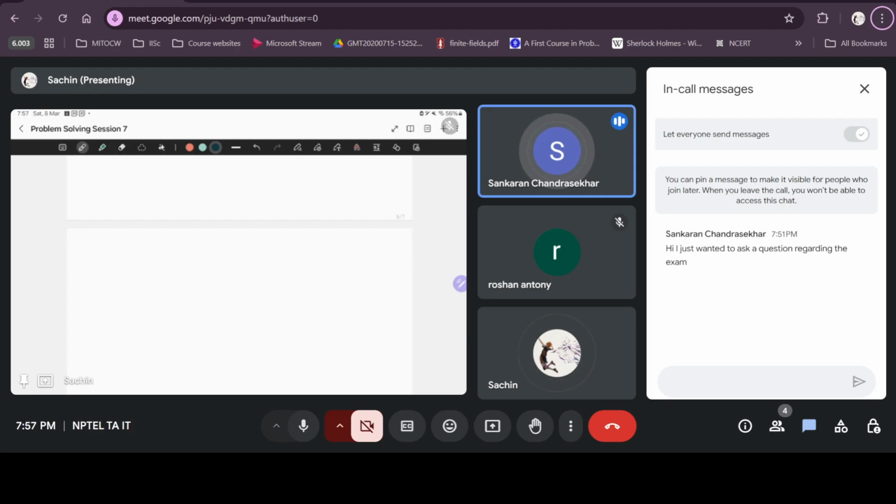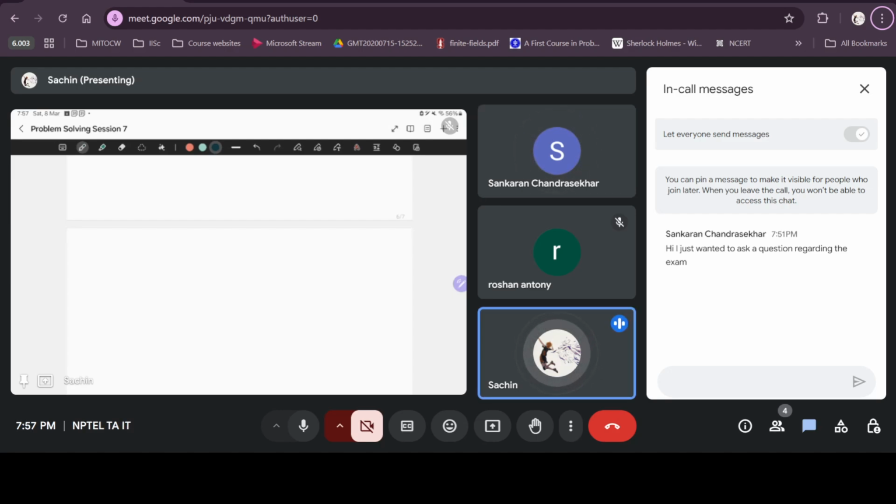No, they will set it so that you should be able to solve within the allotted time. Usually, whenever they set an exam, they will solve it themselves. Sometimes they take the help of TAs to set the papers, so the TAs themselves should also be able to solve.